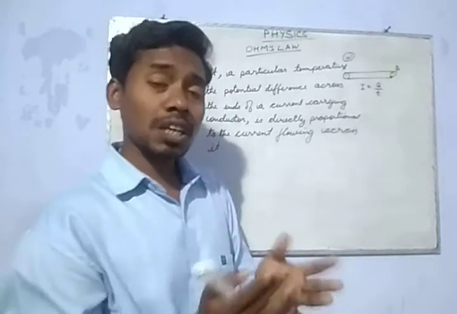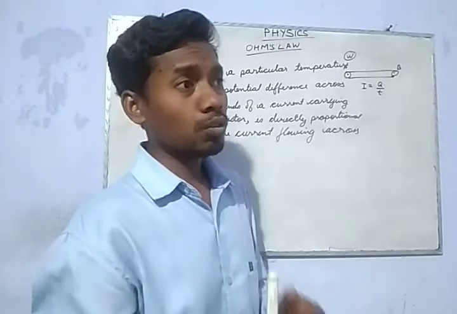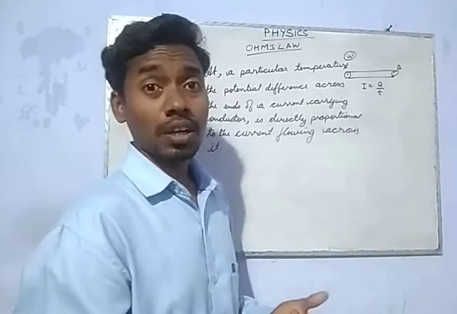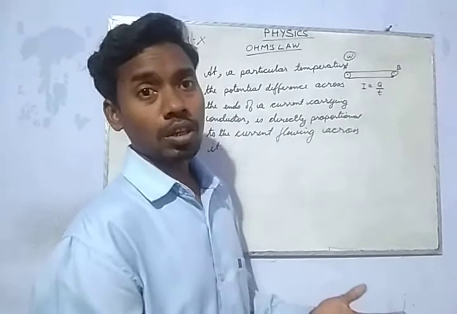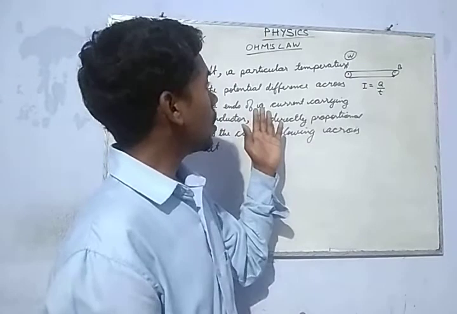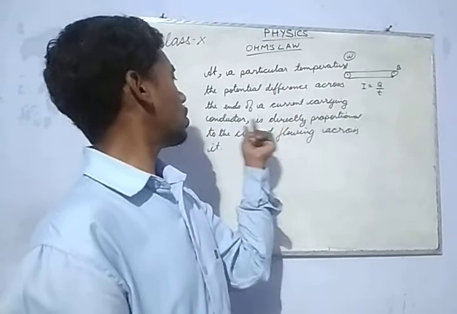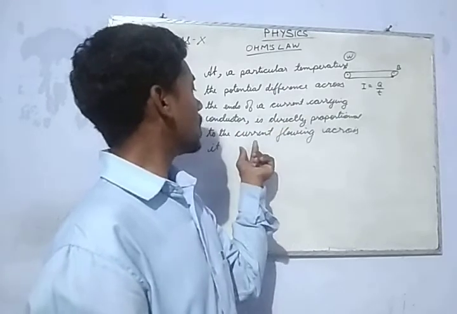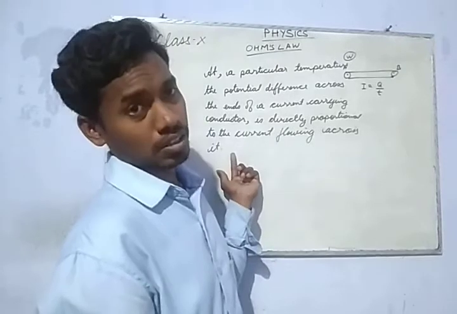But if I want 6 ampere of the current to flow, I will have to do more amount of work. If I have to provide for 12 ampere current, then I will have to provide more amount of work. So the work across the ends is directly proportional to what? Directly proportional to the current flowing across the current carrying conductor.